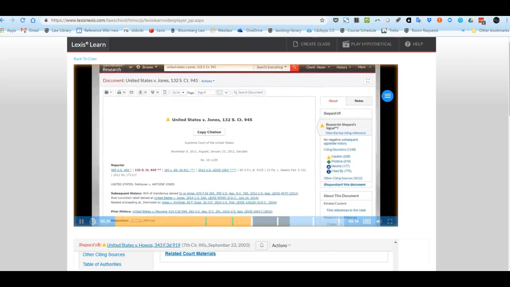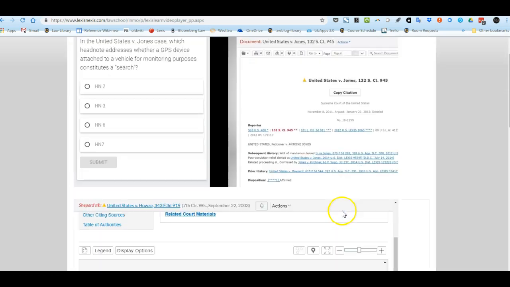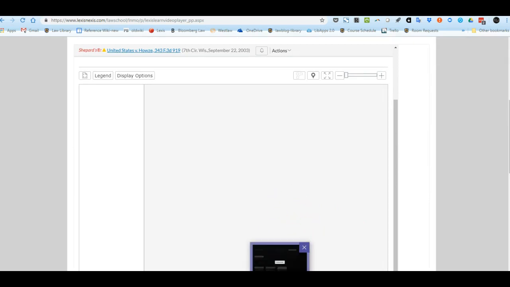United States v. Jones. Okay, so in U.S. v. Jones, which headnote addresses whether a GPS device attached to a vehicle for monitoring purposes constitutes a search? And you will find U.S. v. Jones at, I'll write it down, 132 SCT 945.